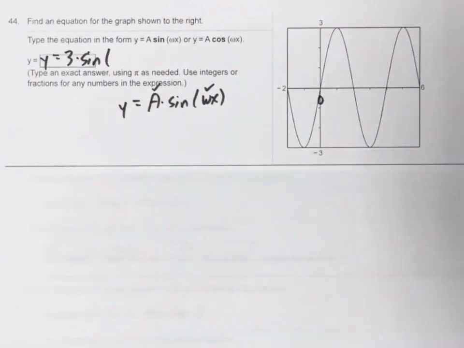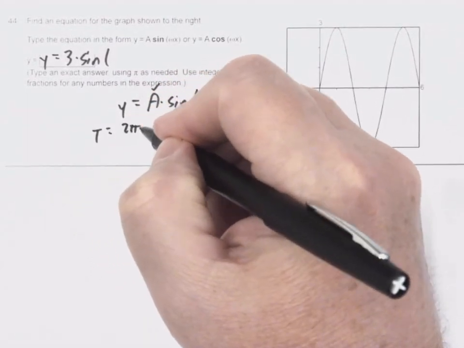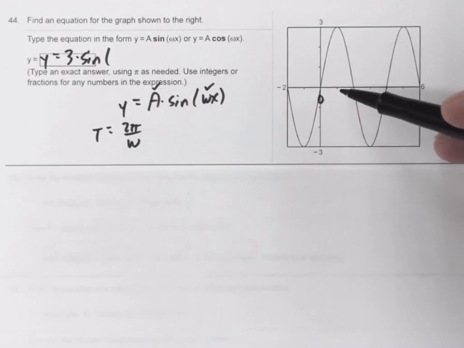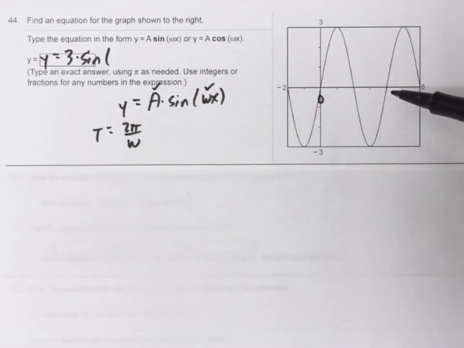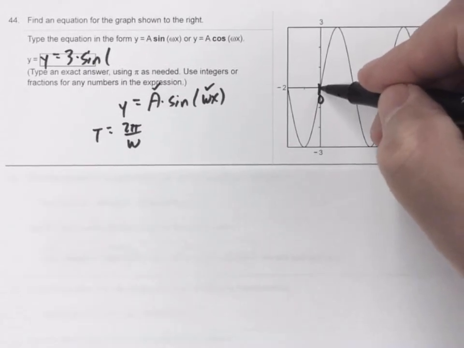Now omega, just like the last time, since the period is 2 pi over omega, let's look at this graph and see how far you have to go before the graph begins to repeat. So if I start here, so here it's at 0 and it's going up.